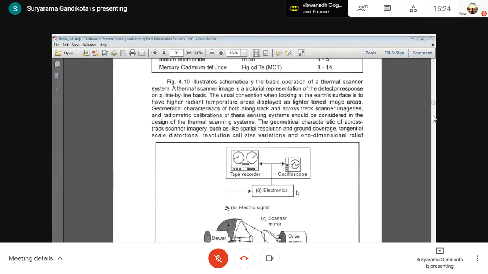The usual convention when looking at the Earth's surface is to have higher radiant temperature areas displayed as lighter toned image areas.